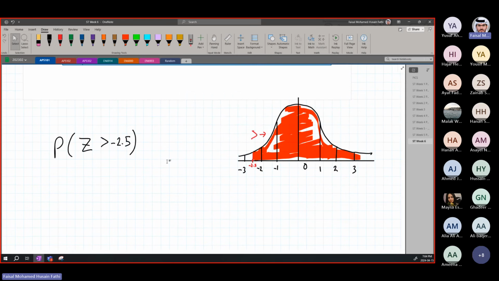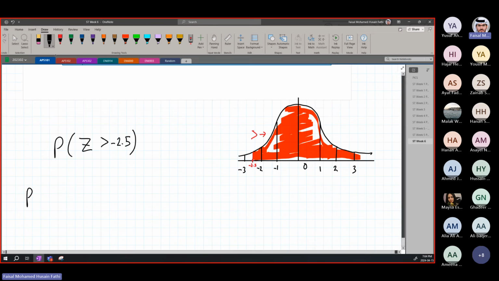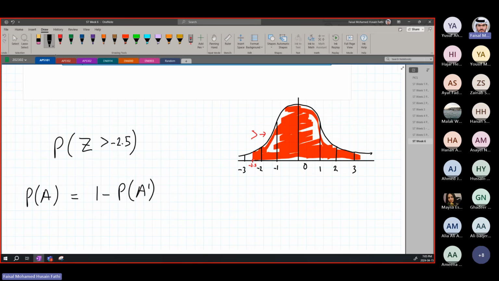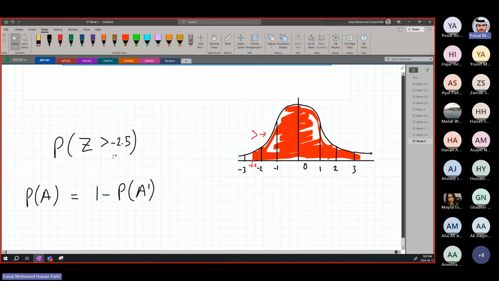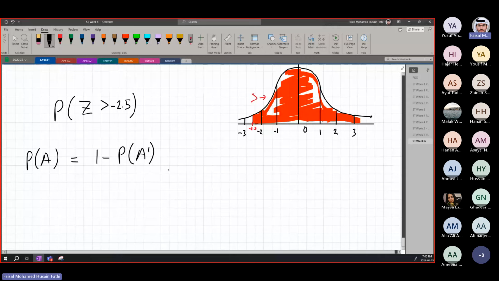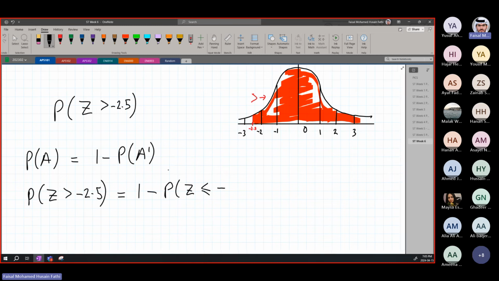The other way of doing this is, remember what we learned early on? Remember when I said we're going to use this again? P of A is equal to 1 minus P of A inverse, or not A. This is the proper method of how you are supposed to do this, which is P of Z greater than minus 2.5 is going to be 1 minus P of Z less than or equal to minus 2.5.